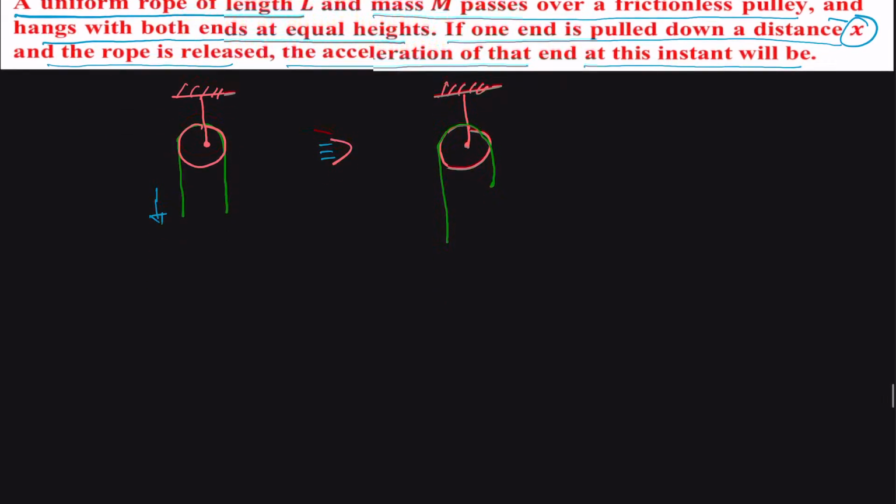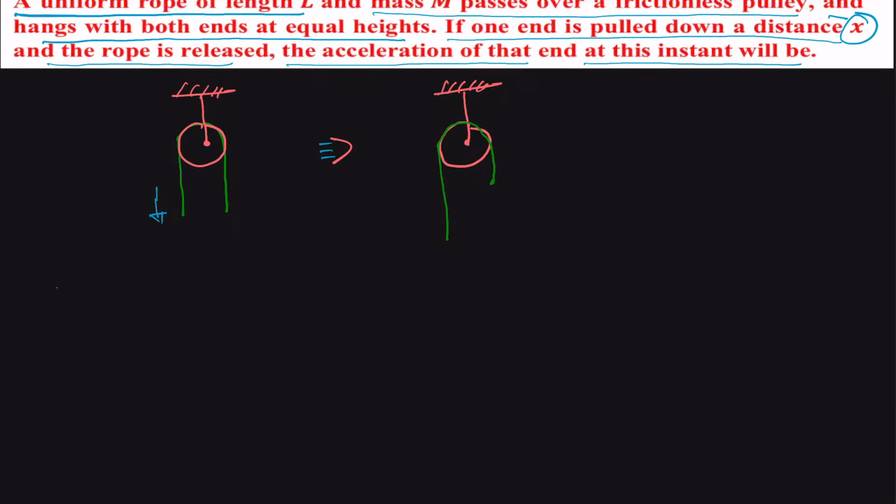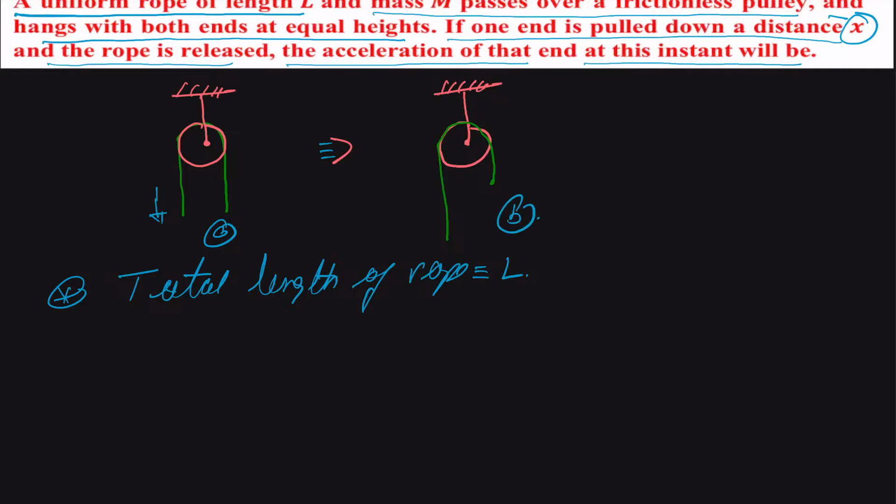Okay. So let us say that the total length of rope is L, which is not going to change. Okay. So let us call this our initial condition and this our final condition.